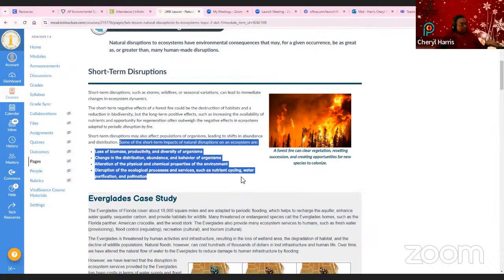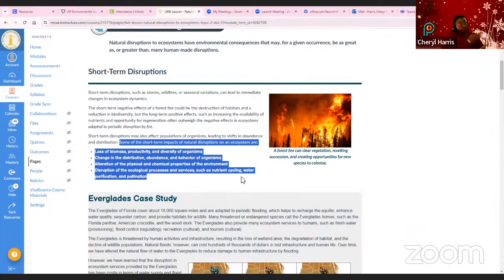The acidity of the soil can change due to fire or flood, or the floods may have washed away all the nutrient layers of the soil. There are different layers of the soil. We haven't talked about that yet, but your topsoil is your nutrient layer, and that's where everything grows best. If you have a tornado, it's going to take away the topsoil.